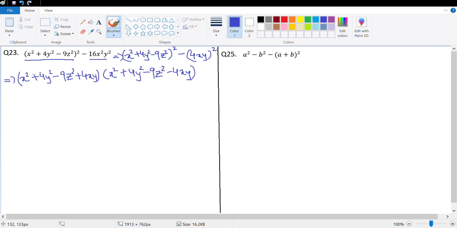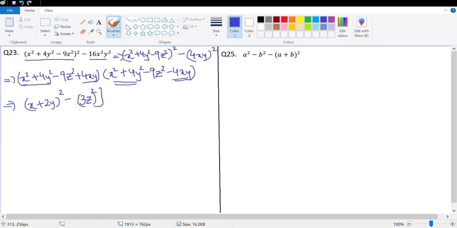Now I notice if I look at these three terms which I have underlined, this is x plus 2y the whole square. And these three terms that I have underlined in the second bracket is x minus 2y the whole square. So let's write it this way. This is x plus 2y the whole square minus 9z square, which is nothing but 3z the whole square.